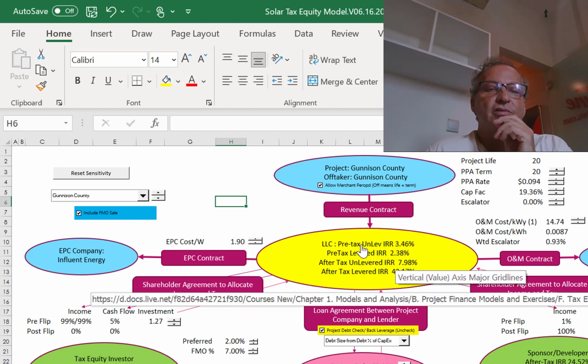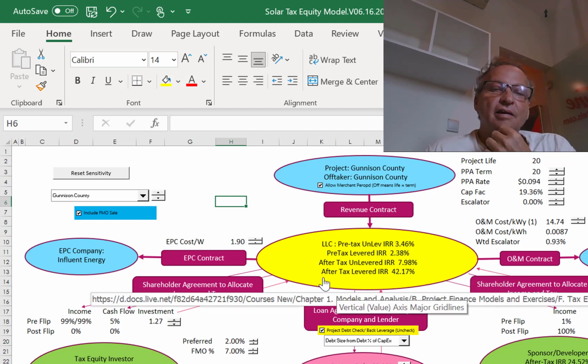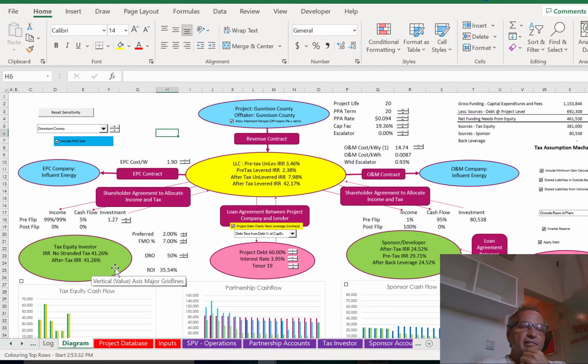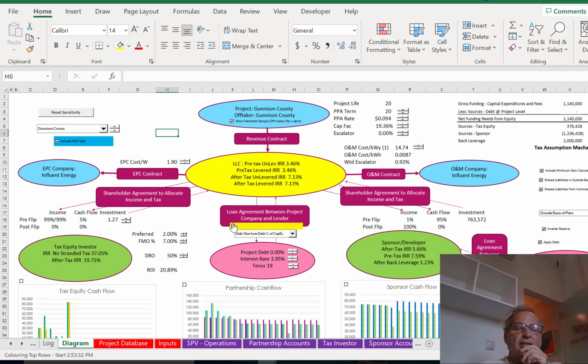So what we try to do is take a 3% IRR, get an after-tax unlevered IRR of somewhere in this kind of range, give a whole lot of our return to the tax equity, put in our own, see how much the sponsor gets, and we can either sell the project or not sell the project.